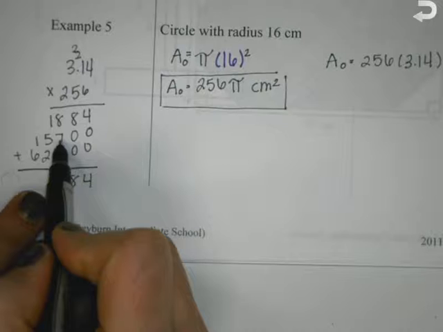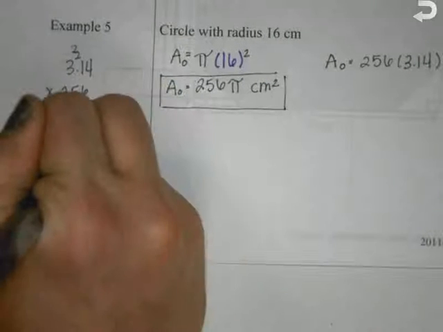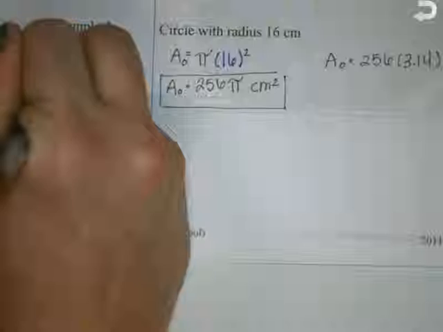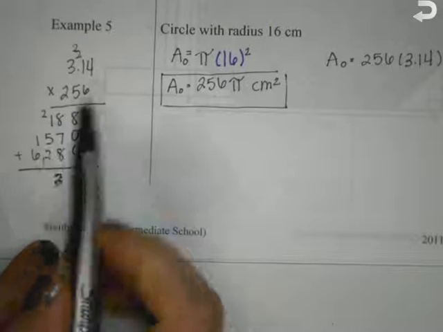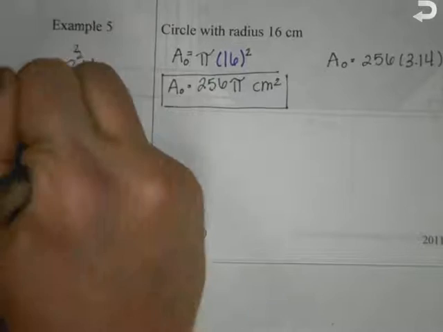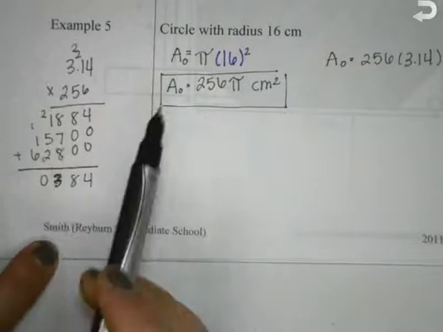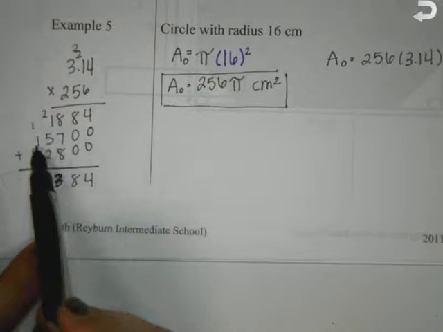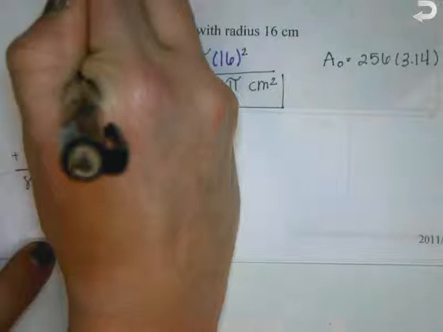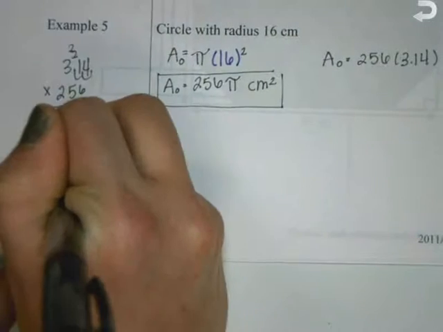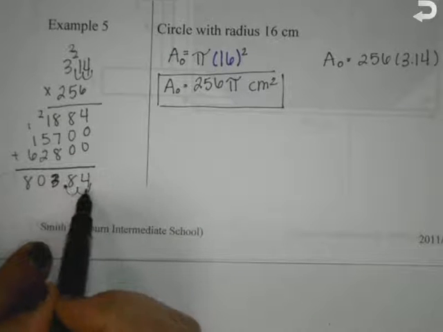So I have 803.84, but I need to round to the nearest tenth. So, do I round up or down? Very good, we round down. So area of my circle is 803.8 centimeters squared. So with pi in the answer, without pi in the answer, but they are the same thing. Okay?